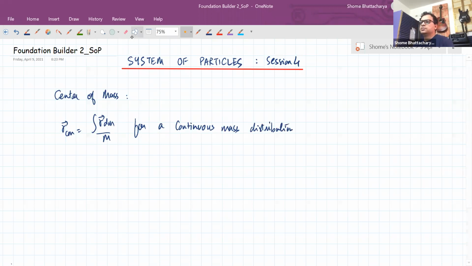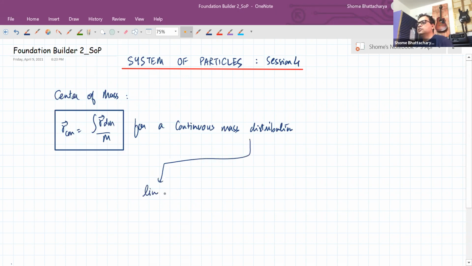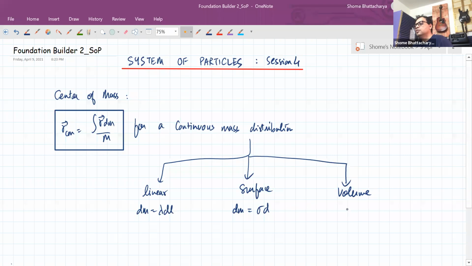Then further we understood that this particular formula, depending on the type of mass distribution that we have, whether it is a linear distribution, a surface type of distribution, or a volumetric distribution, the differential mass dm has to be taken as a linear element, a surface element, or a volume element correspondingly, where accordingly the quantity lambda becomes linear mass density or mass per unit length, sigma becomes surface mass density, or rho becomes volumetric density, or simply what we call density or mass per unit volume.